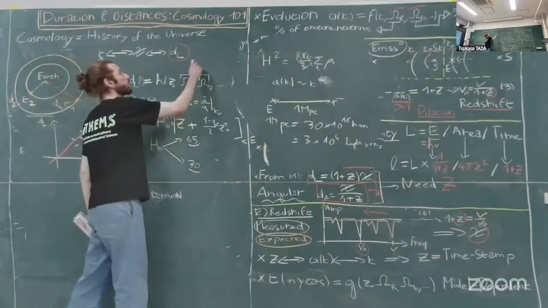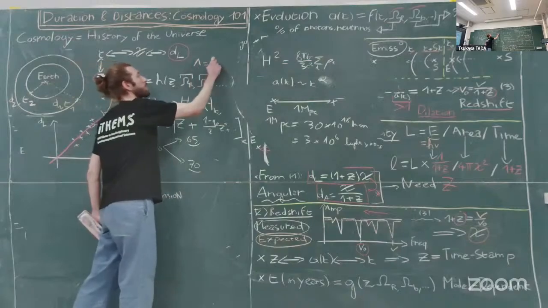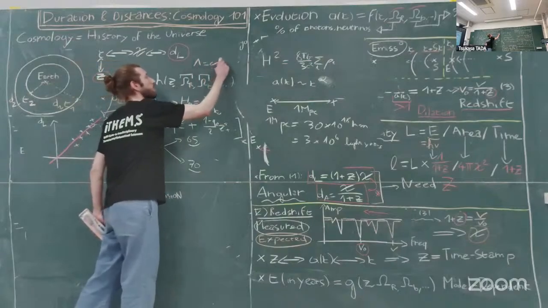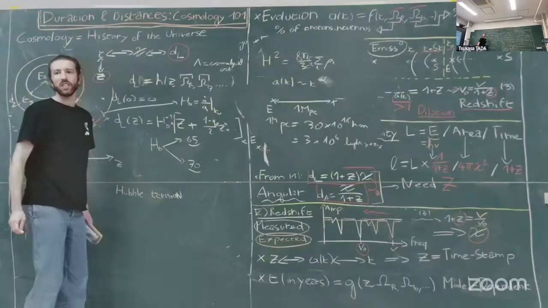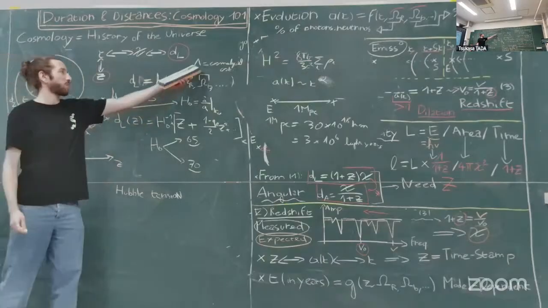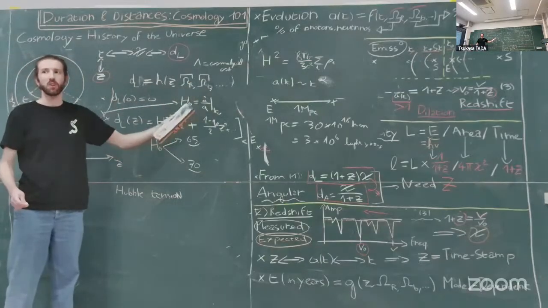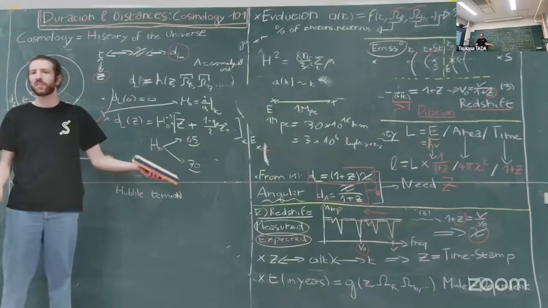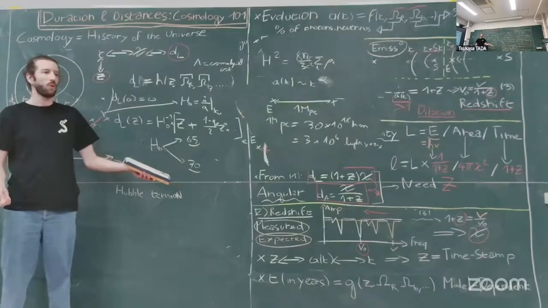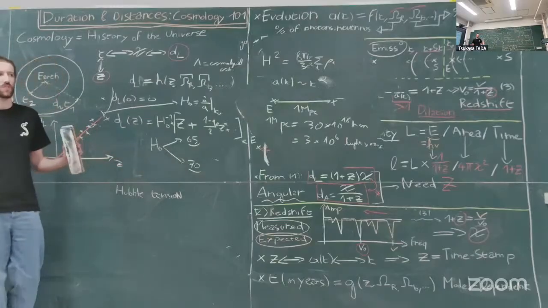This was given in the form of something you may have heard of, called lambda, the cosmological constant. And recently, with the results of DESI, it seems that maybe even this is in question. We don't know what dark energy is, but we thought we knew how to parameterize it. And even now, we don't really know the right way of parameterizing it. So 100 years later, still a lot of questions.